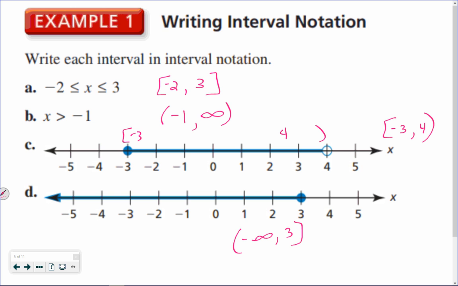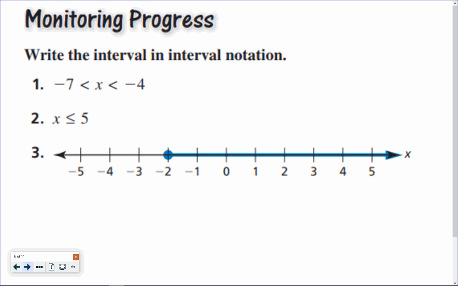I think on the next slide there's 3 problems in there. Okay, you guys work those 3 on your own real quick. And then we'll see if I have some volunteers who want to come up and answer.